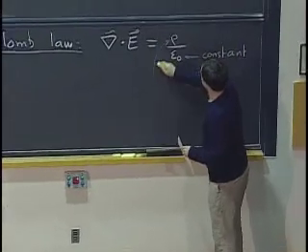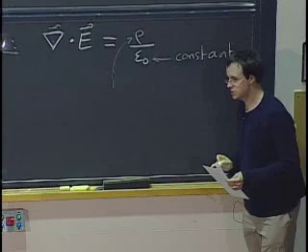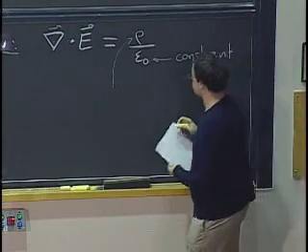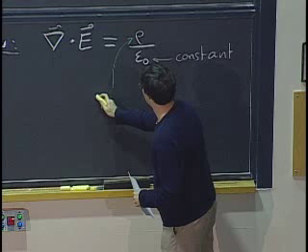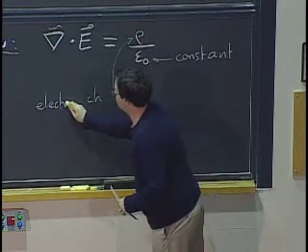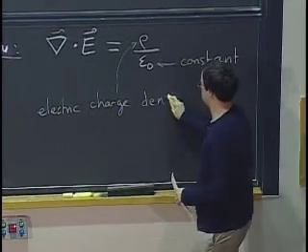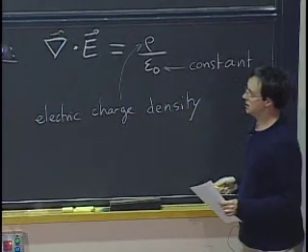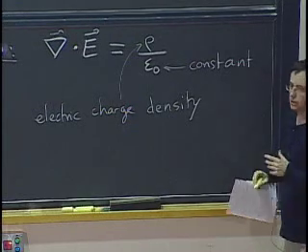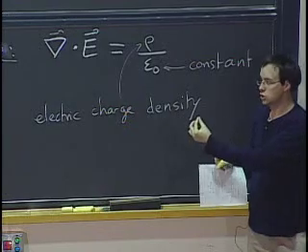And this guy, rho, well, it's not the same rho as in spherical coordinates because physicists somehow patented the use of that letter first. It's actually the electric charge density. So it's the amount of electric charge per unit volume. So what this tells you is that divergence of E is caused by the presence of electric charge.